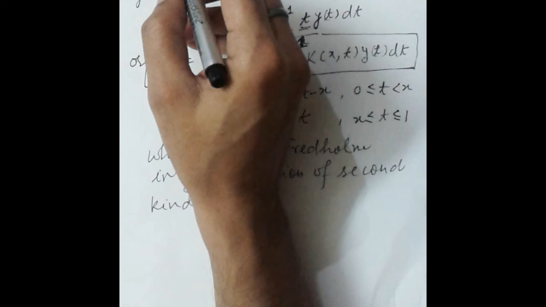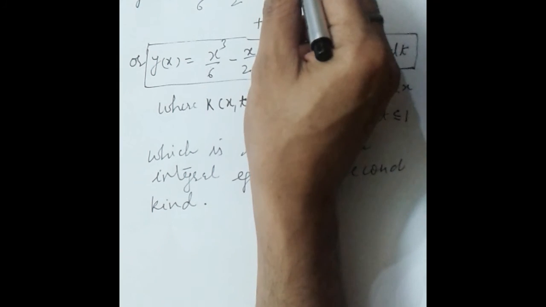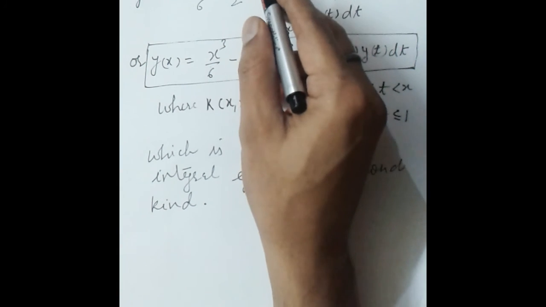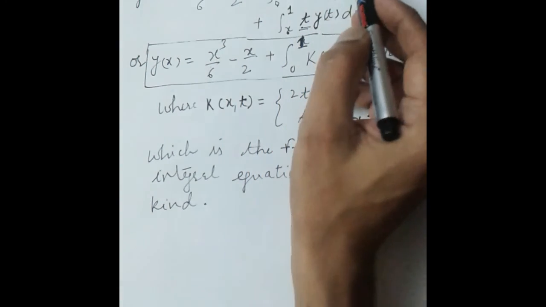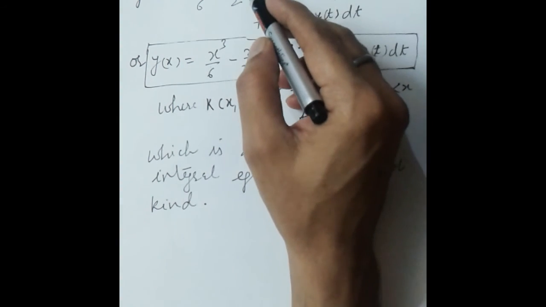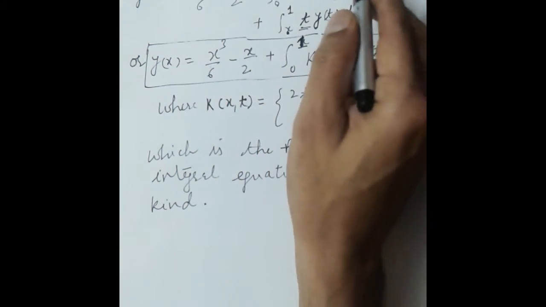Putting this value of c in equation 2, we get y(x) equal to x³/6 minus x/2 minus the integral from 0 to x of (x - t) y(t) dt plus the integral from 0 to x of t y(t) dt plus the integral from x to 1 of t y(t) dt. Here the integral from 0 to 1 of x y(x) dx can be written as.